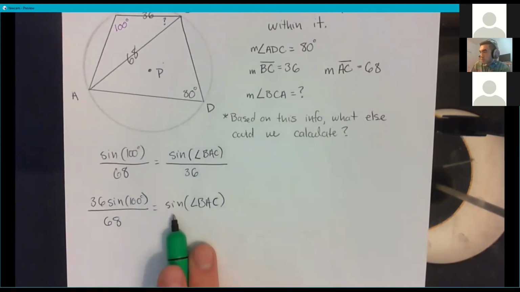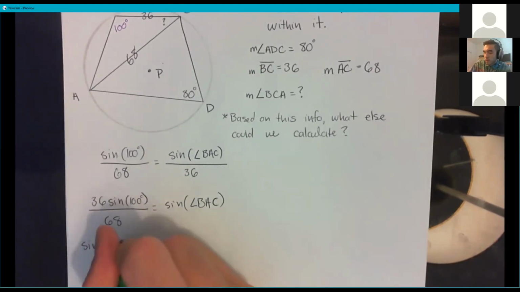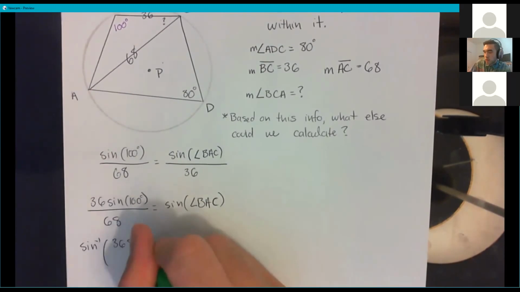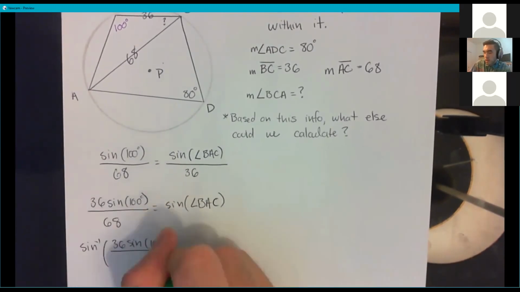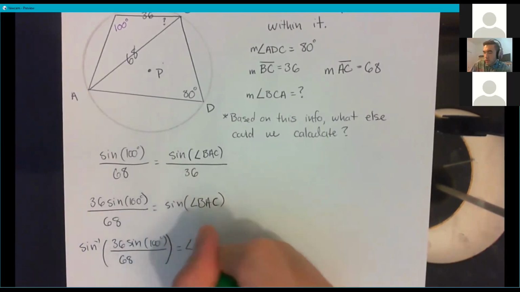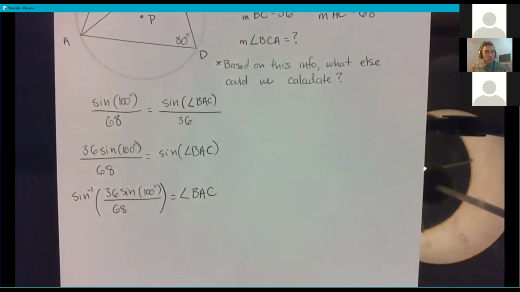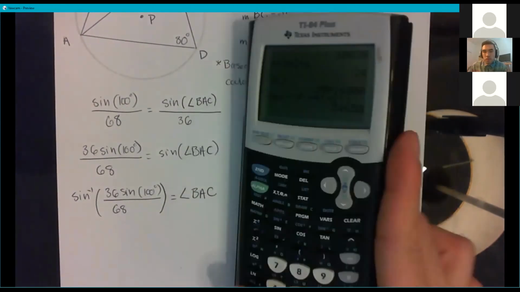How do I get rid of this sine? Inverse sine. So inverse sine of 36 sine 100, then divided by 68, all of that together on the inside of the inverse sine, will give me back the measurement of angle BAC. And then it will be one simple step of arithmetic from the end.